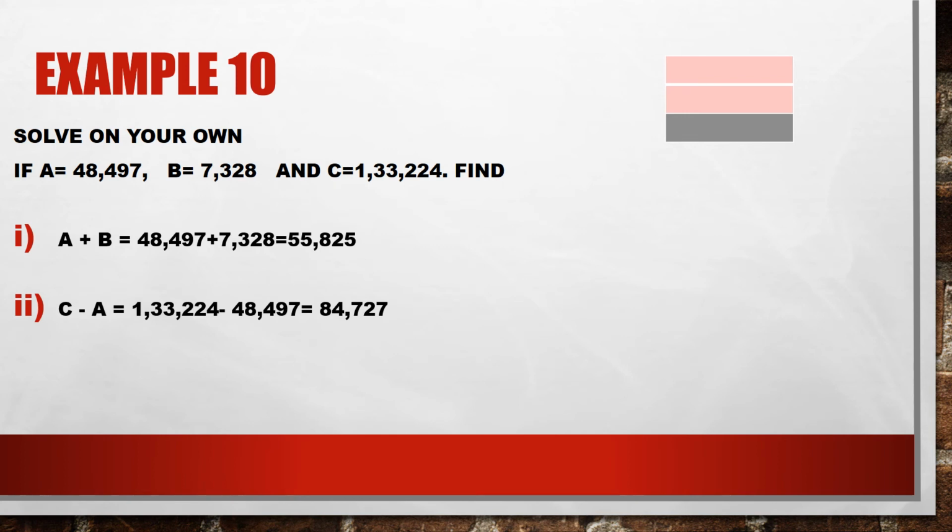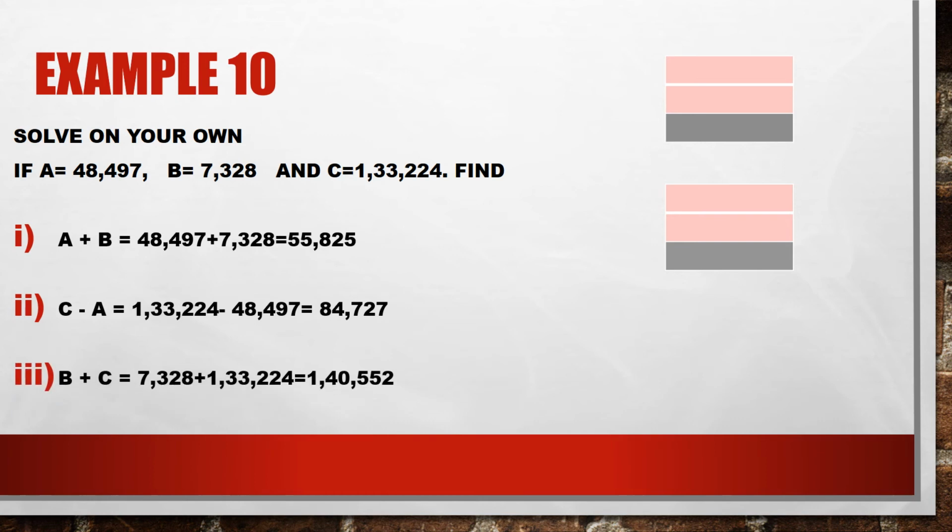Next we have C minus A. What is the value of C? 1,33,224. Minus it with A. Value of A is given 48,497. So when you minus, what is the answer you get? 84,727. In the same way, draw a solution box, write these values in that box and find the difference. And your answer should be 84,727.